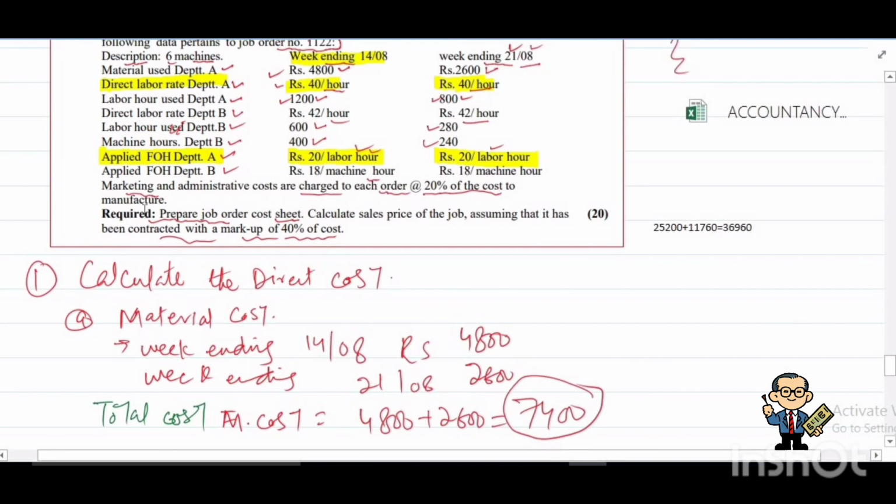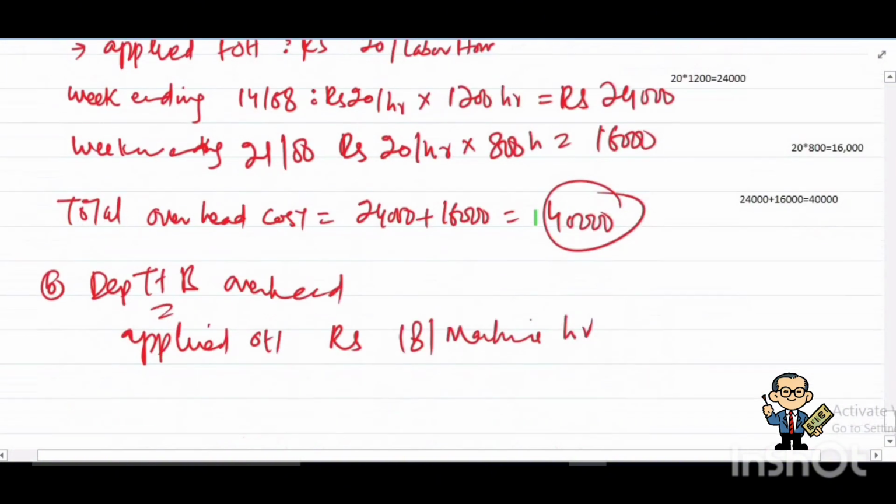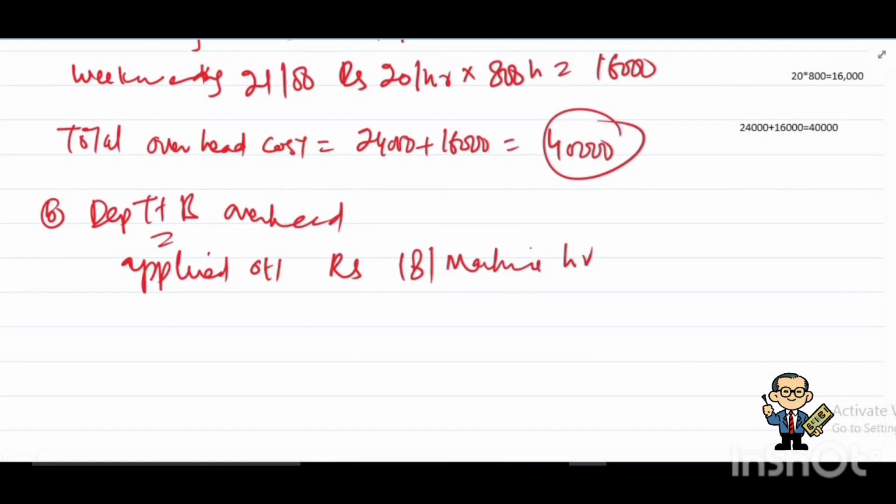You see here, applied fixed overhead for the department, and they use 18 as the rate with machine hours. R is 18 per machine hour. Wow, this is a very great question and very easy.